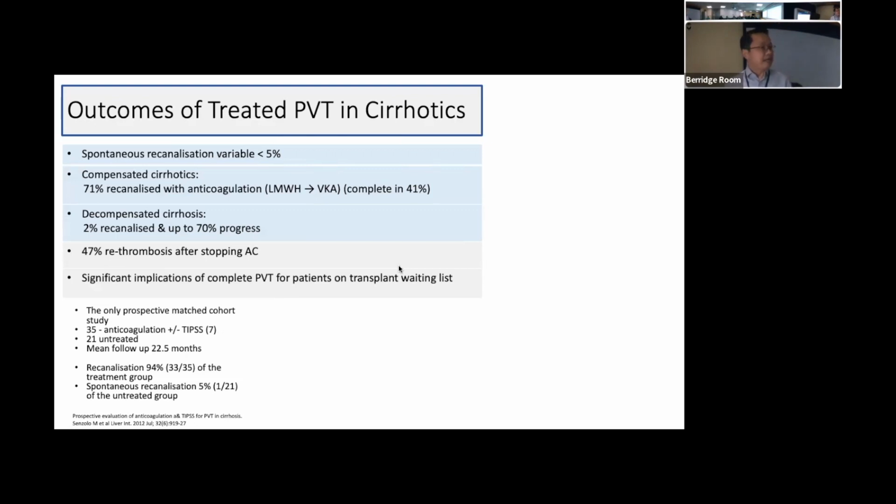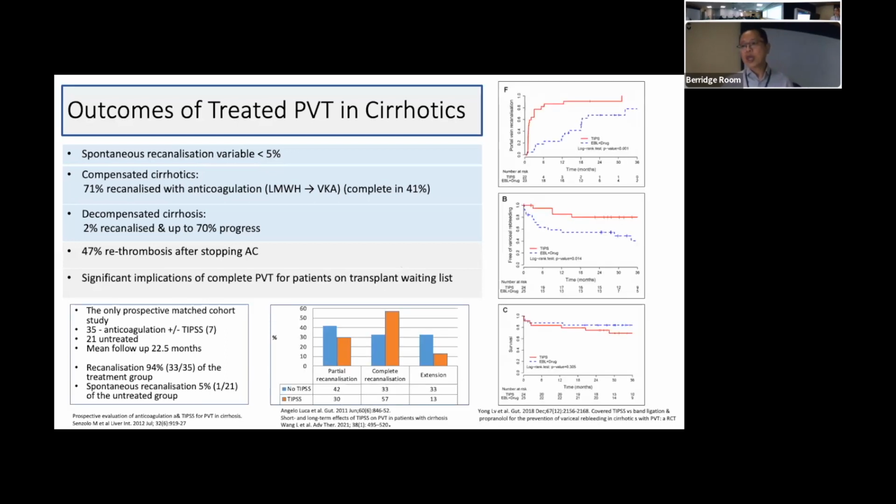And this has main implications in patients who are on the liver transplant waiting list, because portal vein thrombosis has a poor prognosis in terms of outcome following transplantation. In a number of studies that I listed, all of them indicate that the addition of TIPS or endovascular intervention will improve the outcome and recanalization.